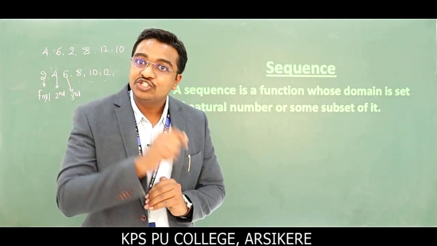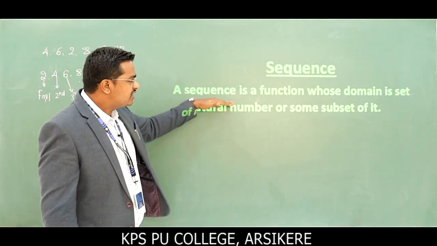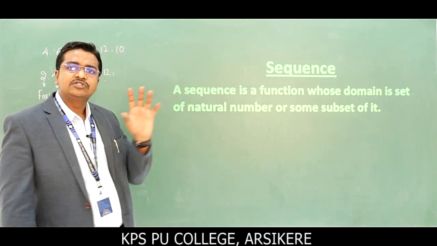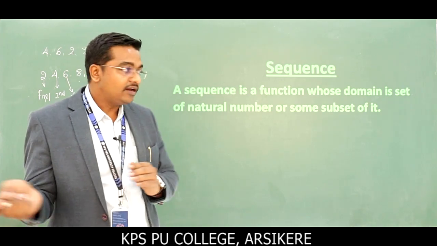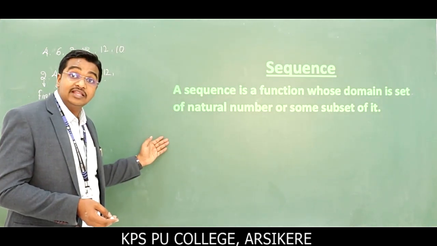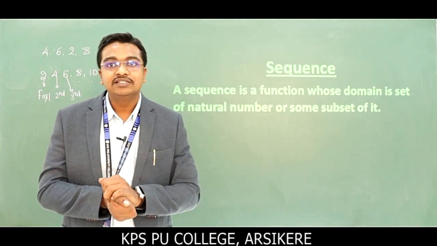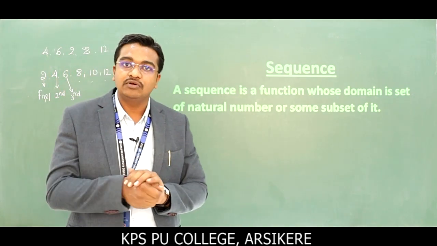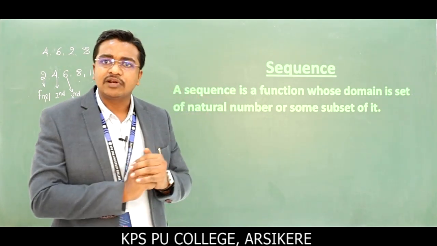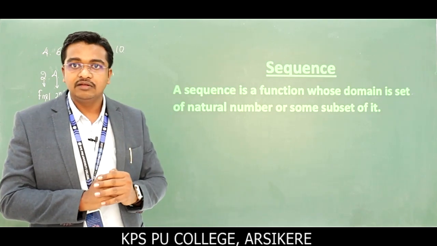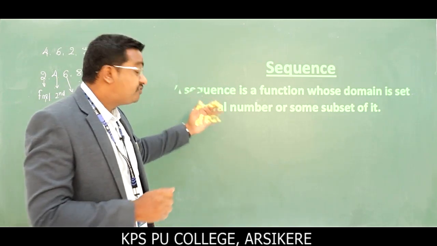It means natural numbers, a subset of natural numbers. You have learned about sets in the first chapter. So what is a function? Suppose a function is defined from set A to set B, then for each element of set A there exist unique images in set B. For every element it must be unique. Suppose for 2, a unique element must exist. You learned the complete definition of functions in the second chapter, relations and functions.